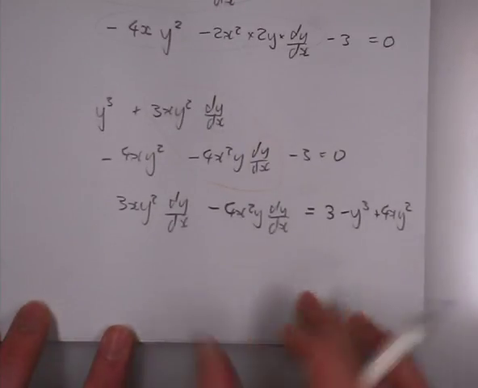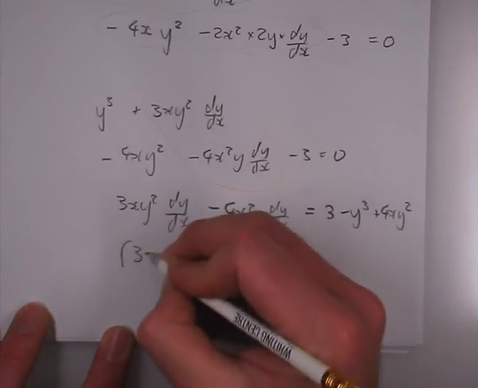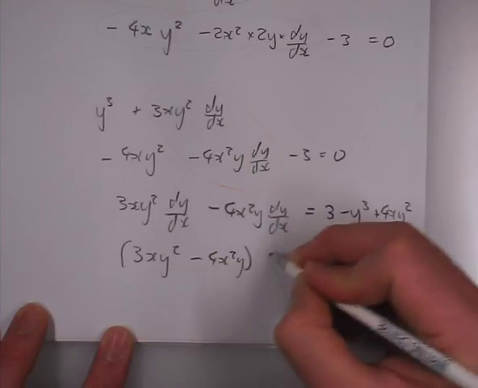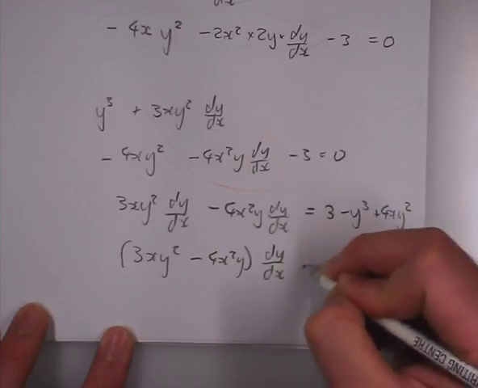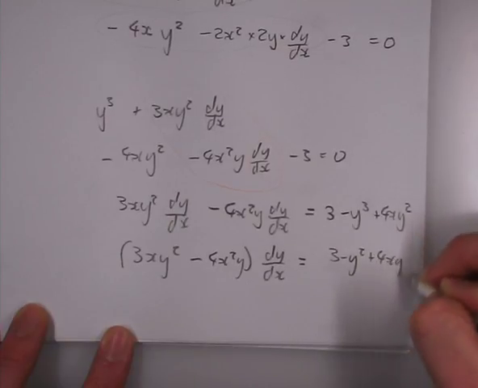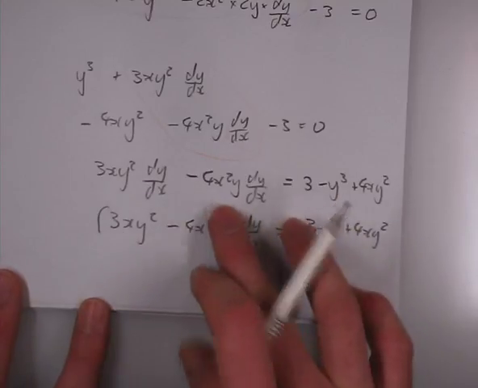And now I want a single dy on dx, so I can factorize. And finally, to get the dy on dx its own, I can divide by that.